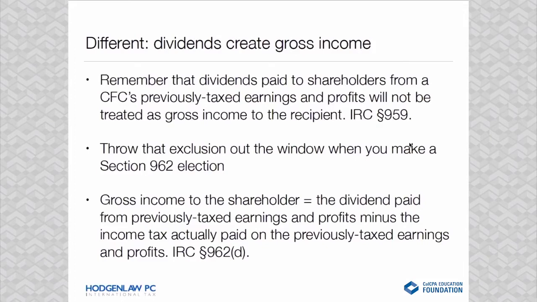Because the Section 962 election says explicitly that Section 959, which you remember gave you the 100% exclusion for dividends received from a foreign corporation, is out the window. And instead, it has this special rule where you bifurcate the dividend paid into excludable and taxable. And you can see the rule in Section 962(d) and the regulations under it.